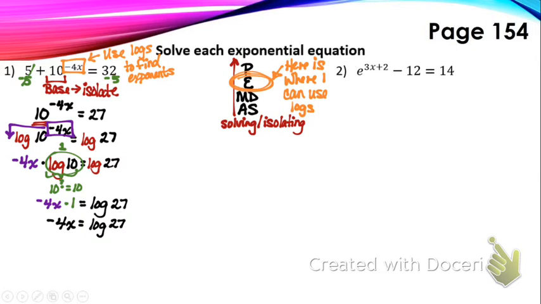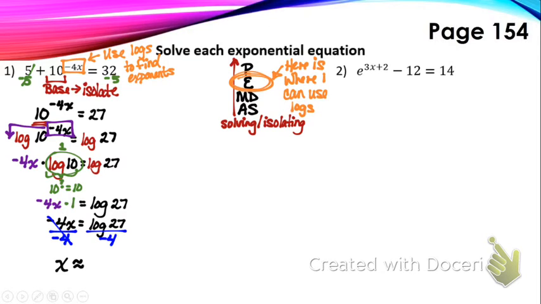How do I get x all by itself? Divide both sides by negative 4. If you did this with a triangle, you'd get the exact same final answer. You'd still be doing log of 27 divided by negative 4.